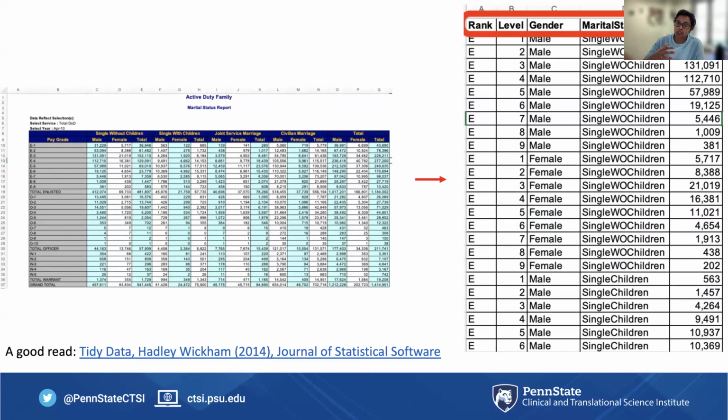Of course, the format that you want the data in might depend on the question that you're trying to answer. Also, it might depend on the software tool that you might be using. If you are interested in learning more about different formats that are available, the article that I have cited here is a short article that explains some of these. I would highly recommend taking a look at it.